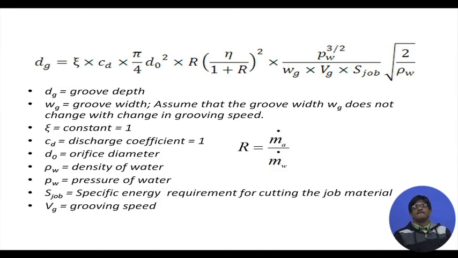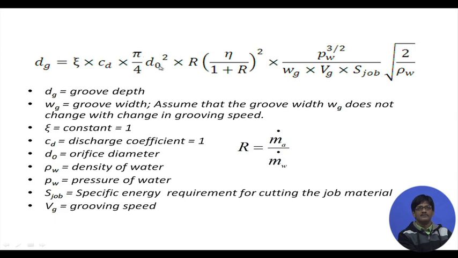Oh, that is it. This expression appears to be something that we have come across in the very recent past. I think you will recognize this particular expression, r into eta by 1 plus r whole square into p to the power 3 by 2 into 2 by root over rho, etc. All these are constants for which we will find out what values to be taken.